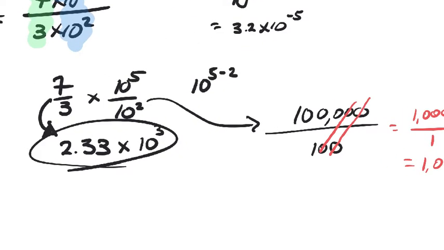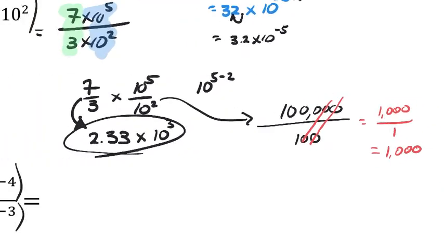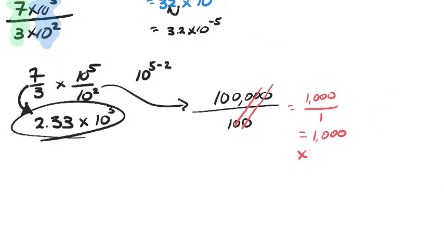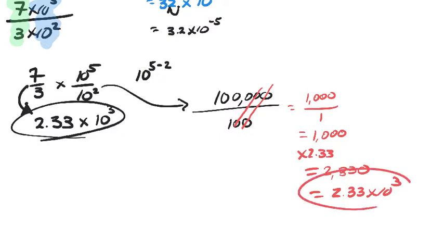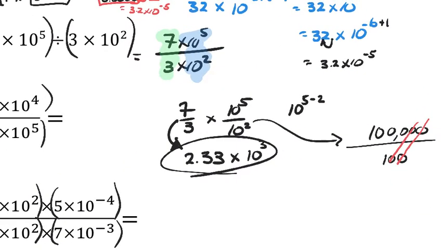We also have 2.33 from the 7 over 3, which is 2,330, which is still 2.33 times 10 to the 3rd, the same number you get earlier. 7 and 3, when you divide them, is bigger than 1. So we leave the exponent as that 10 to the 3rd there.